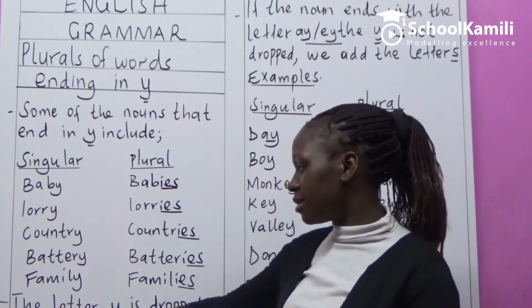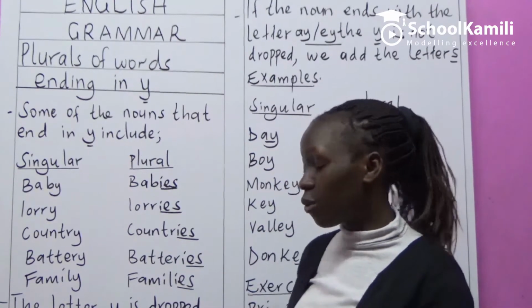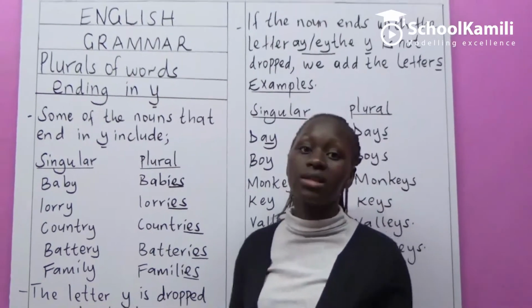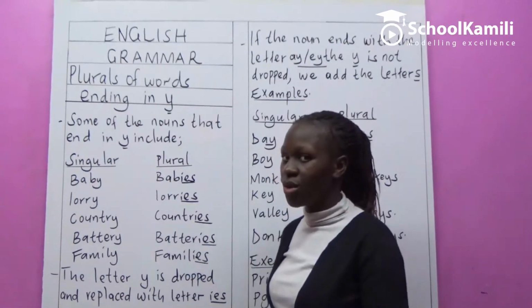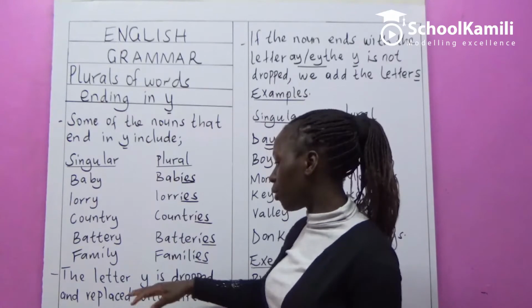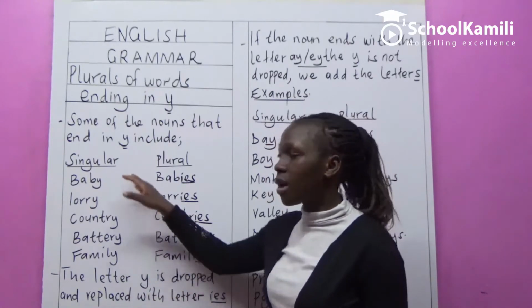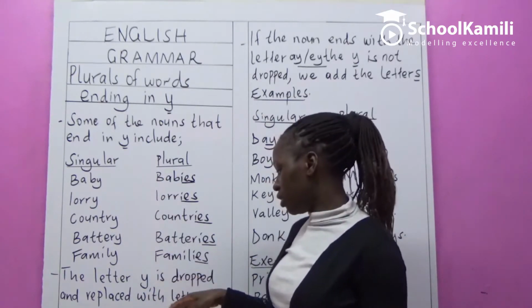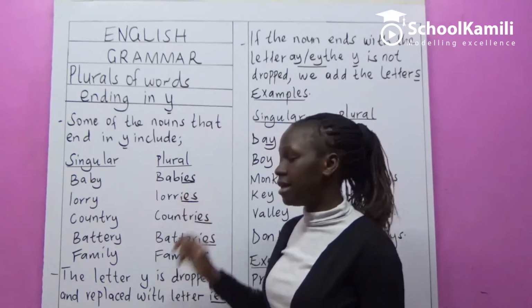So of course you may have a question, where has the letter Y been taken to? We've not taken it anywhere. We only drop the letter Y. Once we drop it, we replace it with IES.